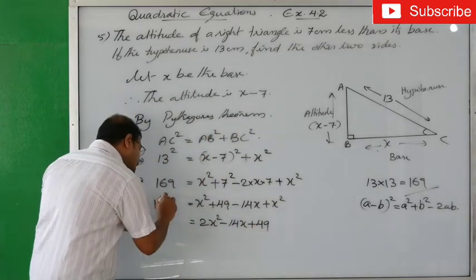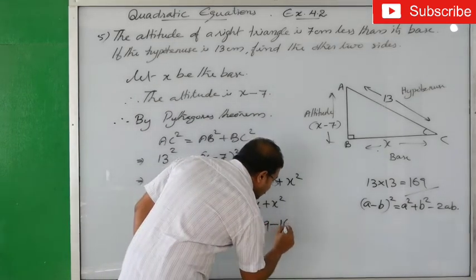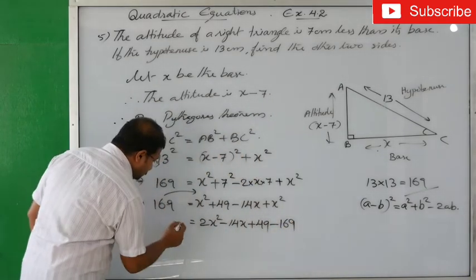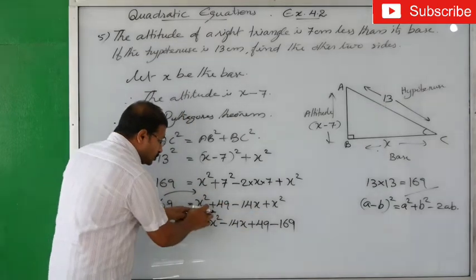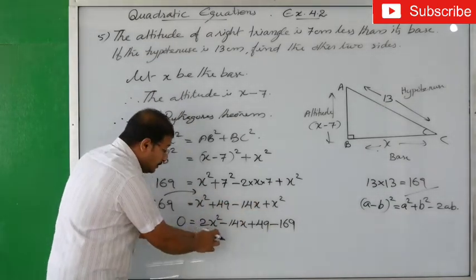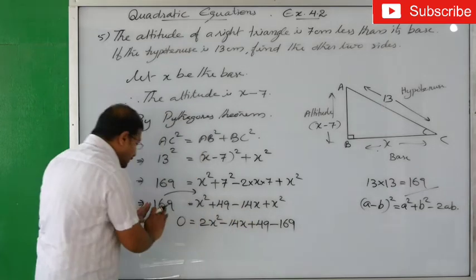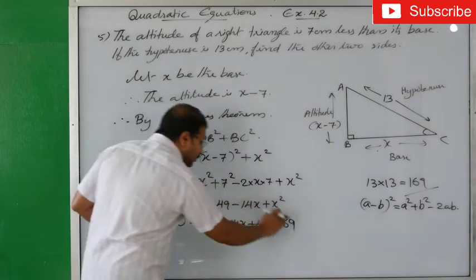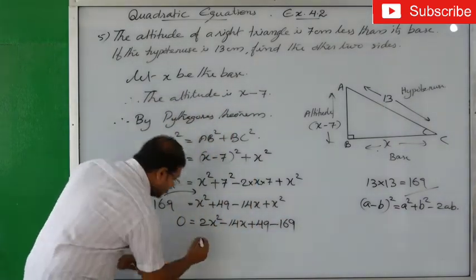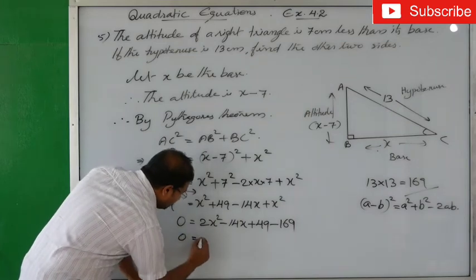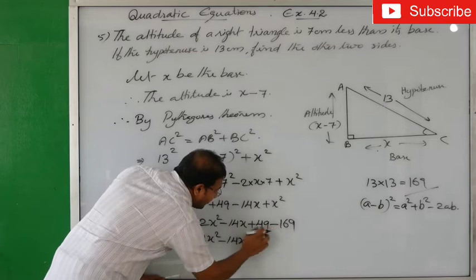Now this 169 will carry to the next side as minus 169. So 2x square minus 14x plus 49 minus 169 equals 0.